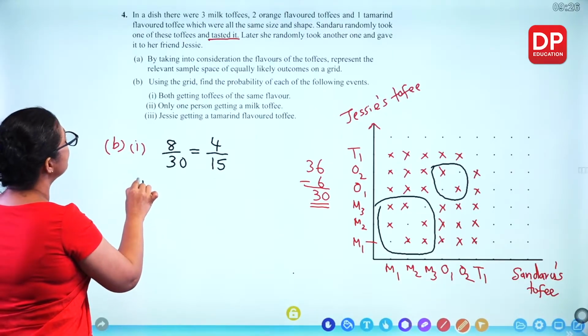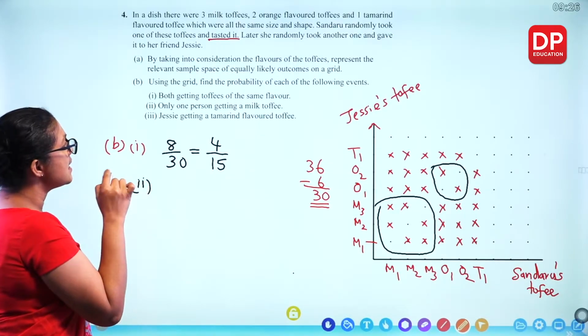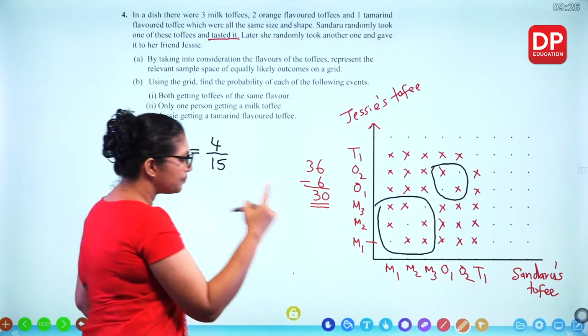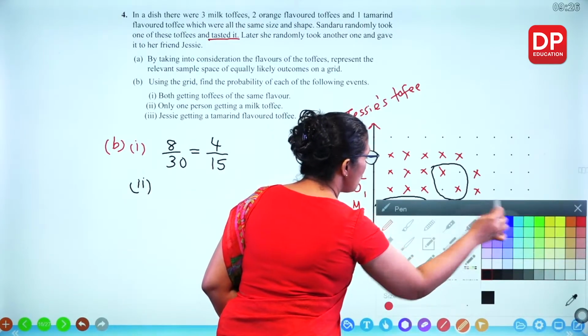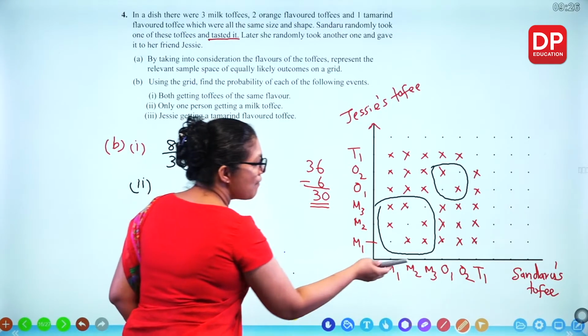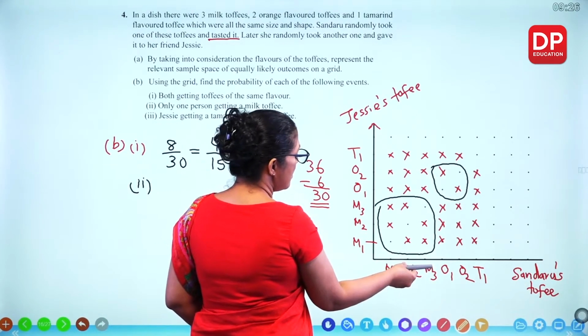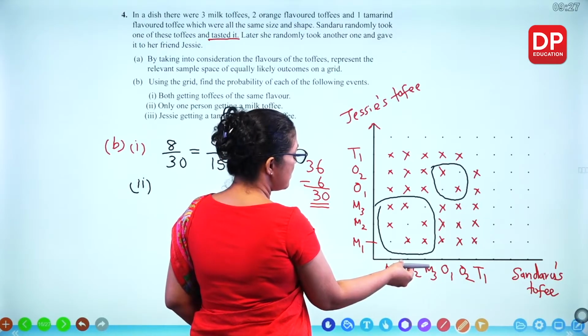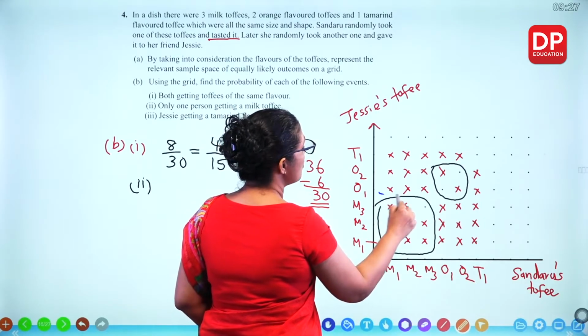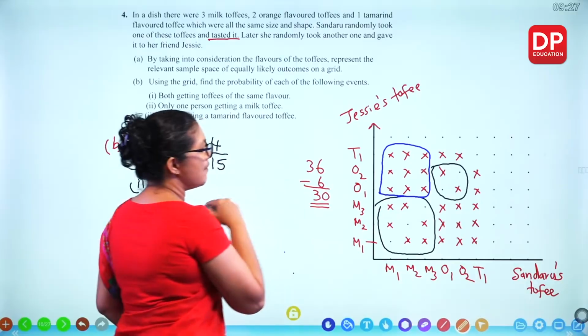Part 2, only one person getting a milk toffee. So one person getting milk. If Sandaru is getting a milk one, other person, Jessie, is not getting milk. So she can get other flavors.